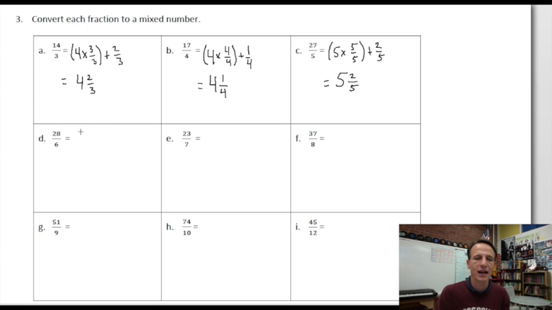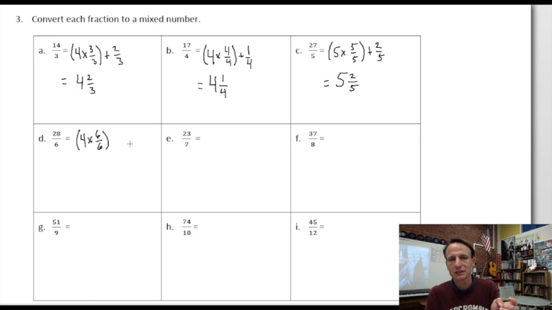So 4 times I skip counted by 6/6, and that took me up to 24. So from 28, how many 6ths are left? 28 minus 24? Yep, there are 4 more left. And we're talking about 6ths. So what that works out to be, 4 times 6/6, that's the same as 4 times 1. So it's 4. And then we have these 4/6.